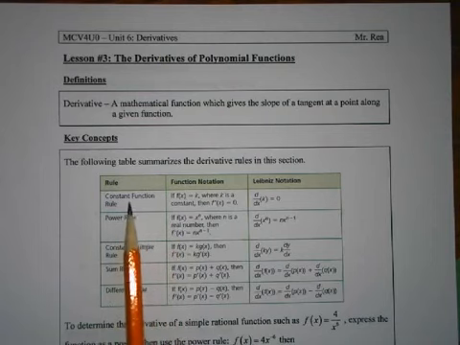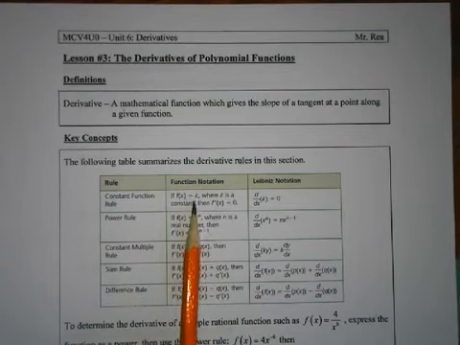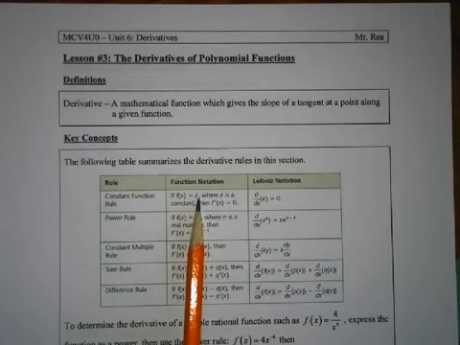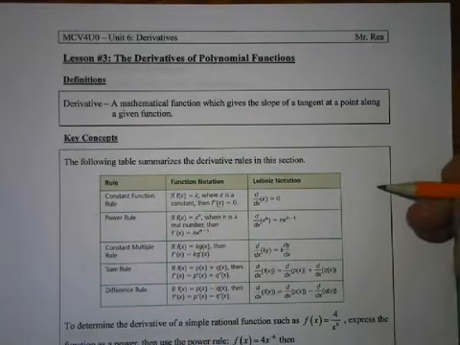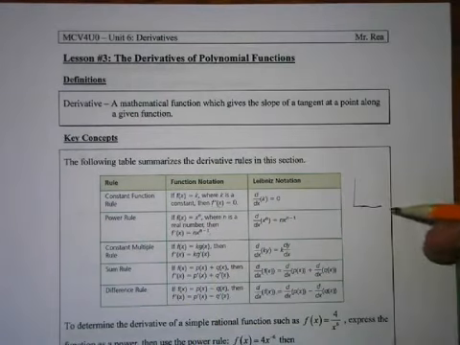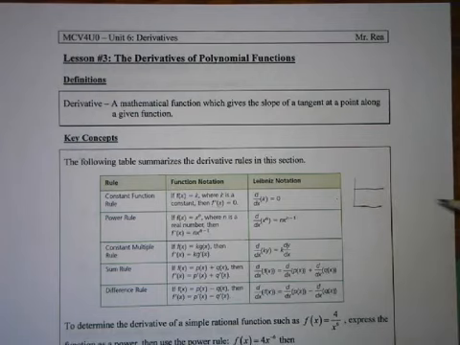So if you have a constant function, for example, f of x equals a value like 7 or negative 22, where k is a constant, then the derivative function f prime of x is always equal to 0. And that should make sense, because if you had a constant function and you graphed it, well, that's just going to be a straight horizontal line.